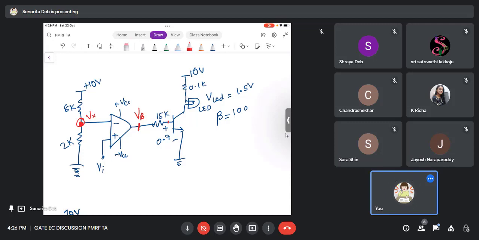And if your VB is high enough to provide current to the base of the BJT such that the base to emitter is biased with 0.7 volts, there will be a current flowing, and therefore there is a chance that the LED is glowing. Is this clear? If there is doubt, you can ask right now.